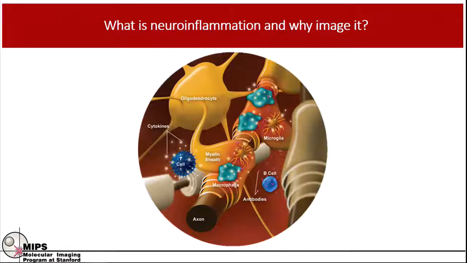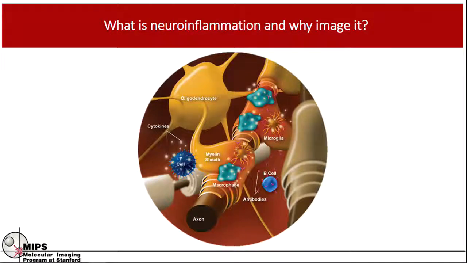There are also astrocytes playing a big role, another type of glial cell. And also, depending on the disease, there could be some extensive recruitment of peripheral immune cells, both from the adaptive and the innate immune system, and extensive release of different cytokines and chemokines.